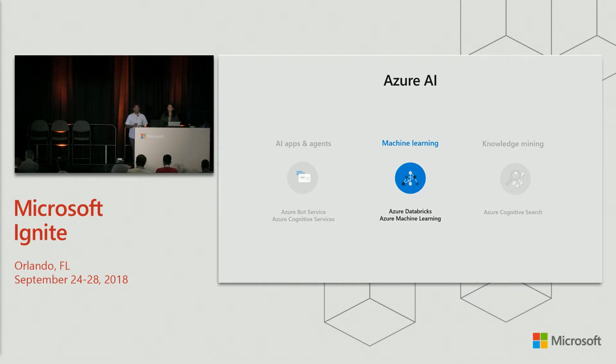Now, if you want to build your own models, we have a set of tools and infrastructure under Azure Machine Learning. Automated machine learning and hyperparameter tuning fall under Azure Machine Learning.